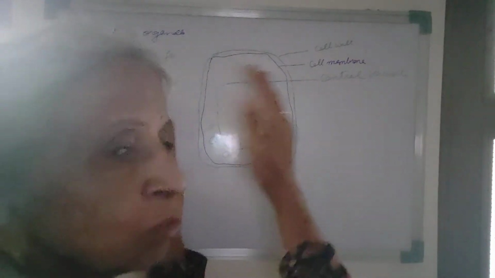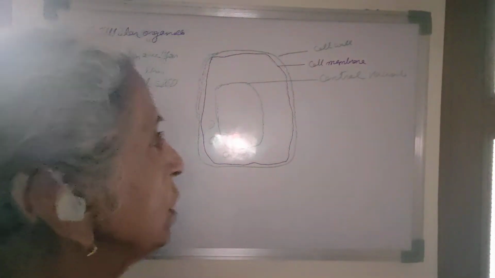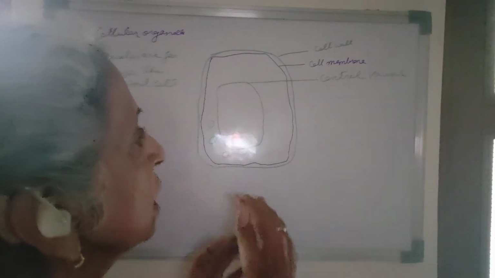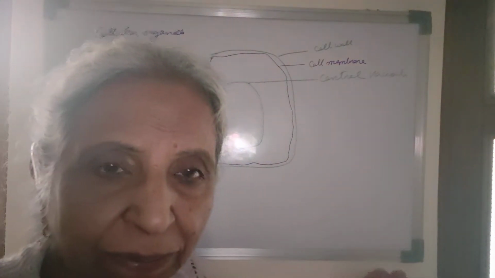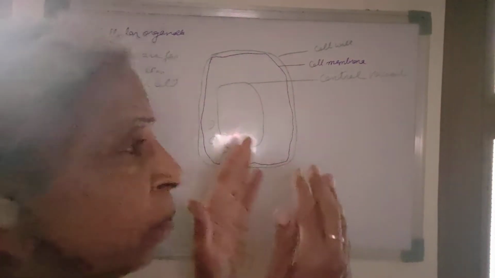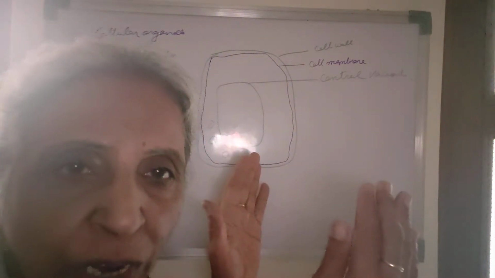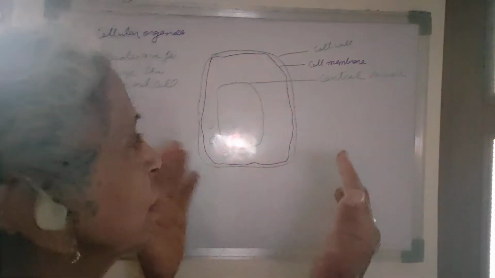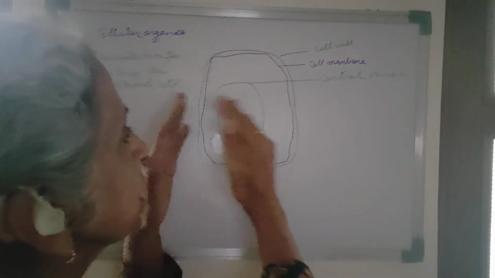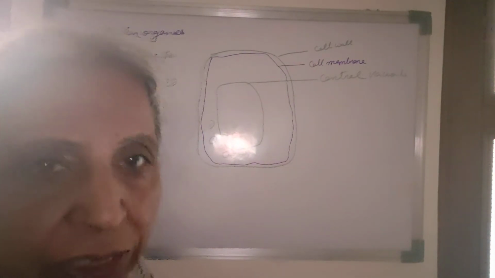When the outside solution is hypotonic and water moves inside the cell, the cell won't burst. This central vacuole will exert turgor pressure on the cell wall. The cell wall will again exert pressure on this. So due to this rigidity, the cell will not burst.